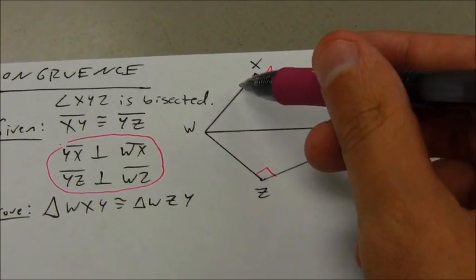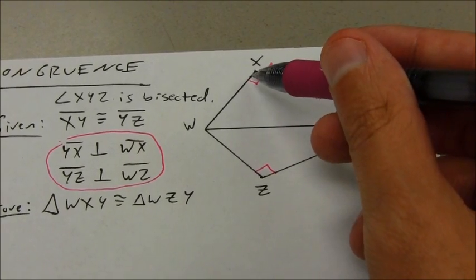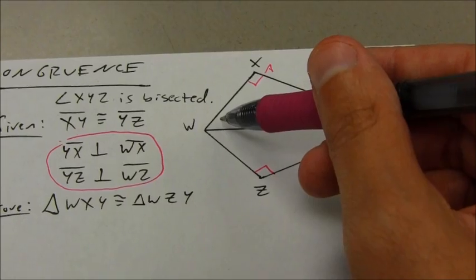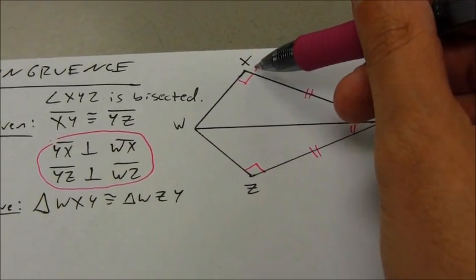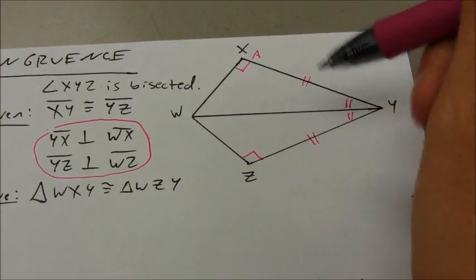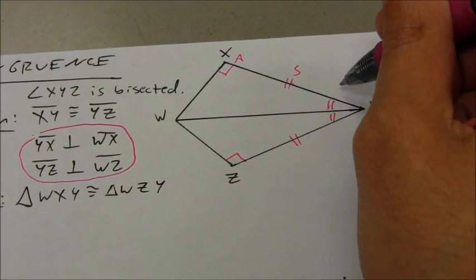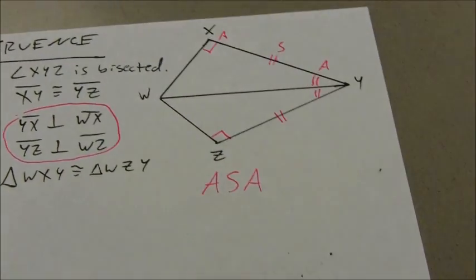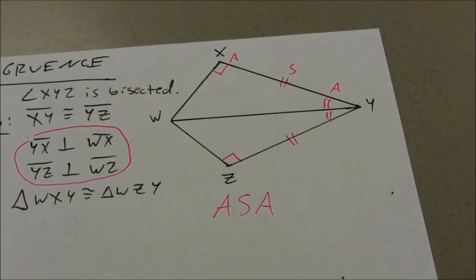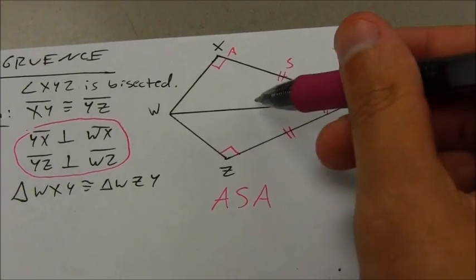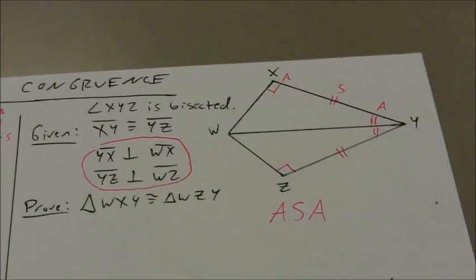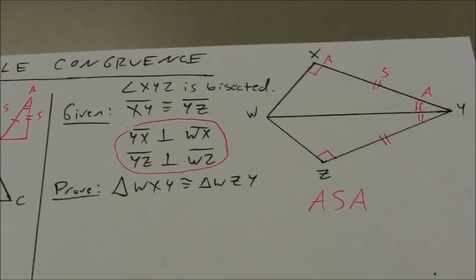Now notice once again, I can't go to the left-hand side because I don't have the next side or the next angle marked, but I can follow clockwise. I have an angle, I have a side, and I have another angle marked. So these triangles are congruent by angle, side, angle. Again, in this example, you could have also done a side, angle, side had you chosen to use the reflexive property. So in some proofs you're going to have multiple ways that you can come to your conclusion.